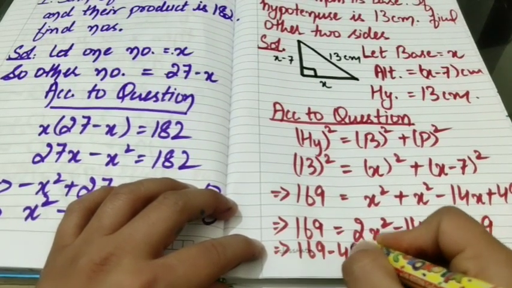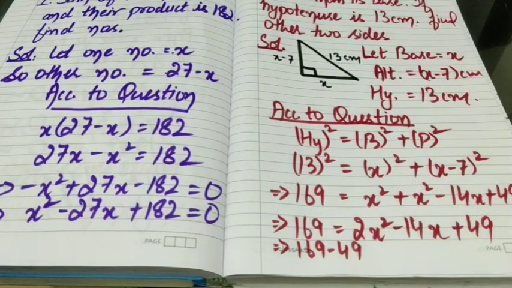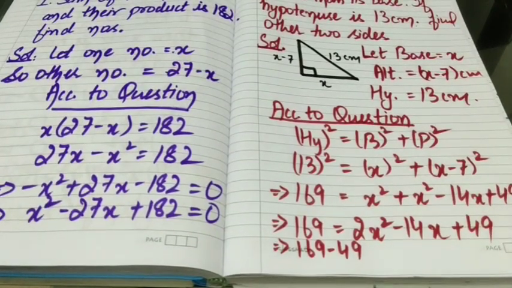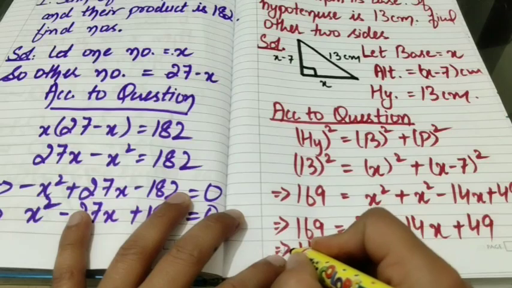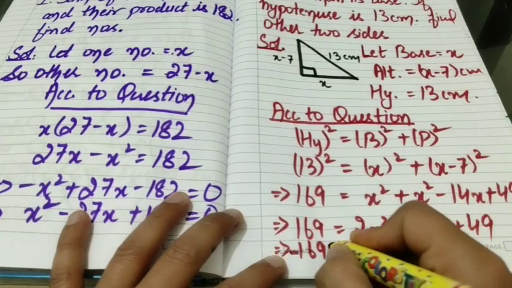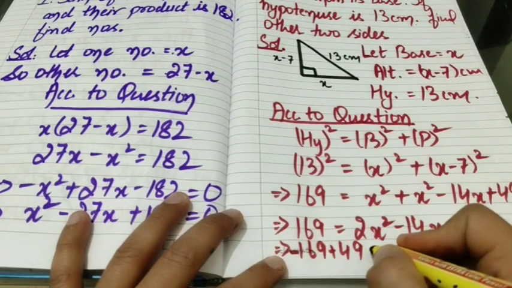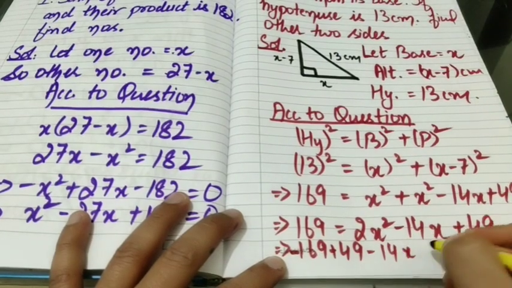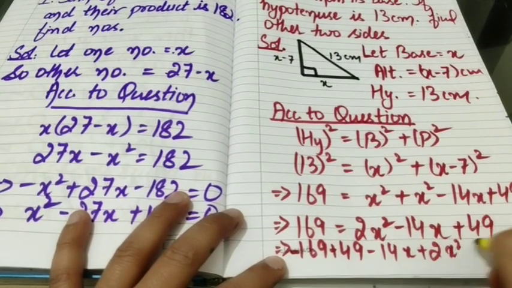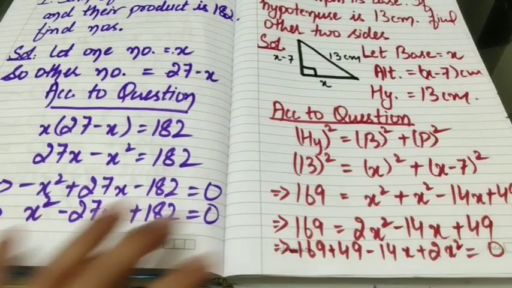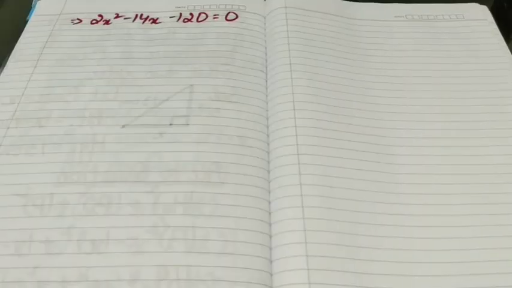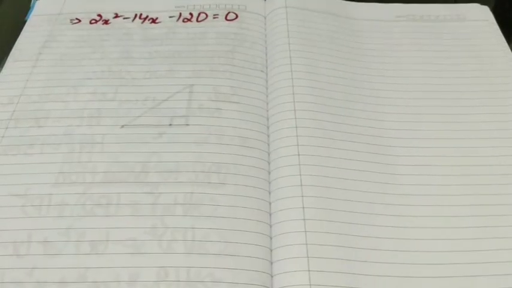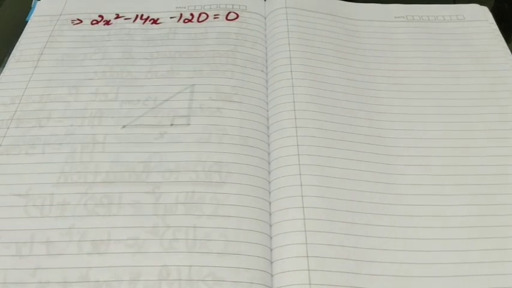Either it could be shifted to the left side or right side, but I am trying to write in the simplified form. So let 169 be negative and 49 be positive. Minus 14x plus 2x squared equals to 0. Continuing that, we get 2x squared minus 14x minus 120 equals to 0.